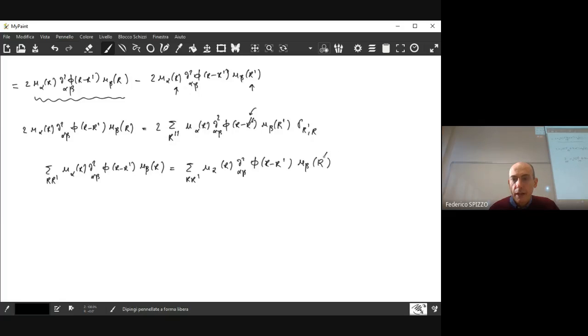If we set here r prime, then we have to include the delta to bring back this r prime down to r. But if we do that, we lose the summation over r prime because we have this delta. So the summation over r prime disappears. To make that summation come back in its position, because we need a double summation, we introduce a new index, r second, and we make the summation over r second.